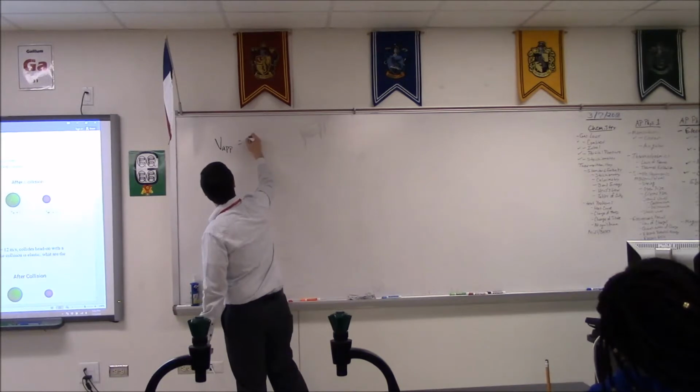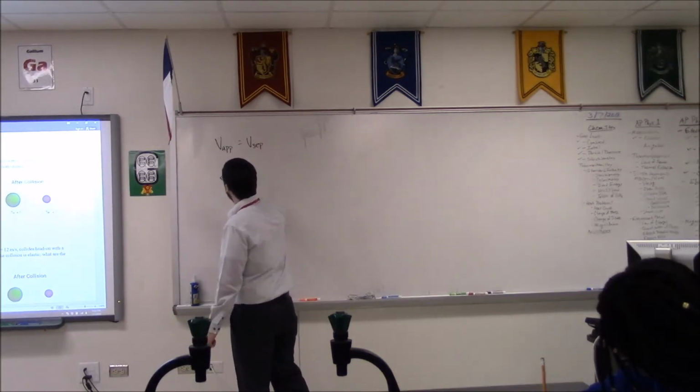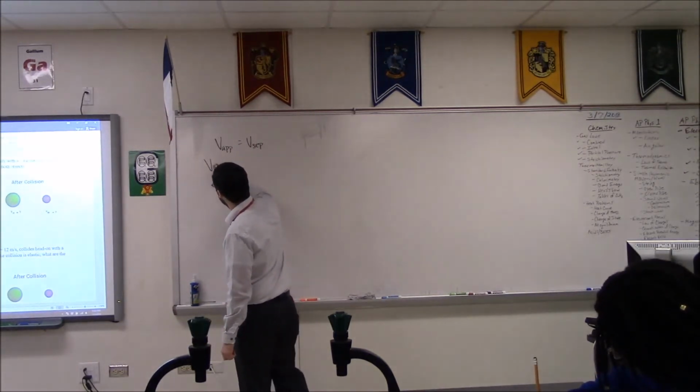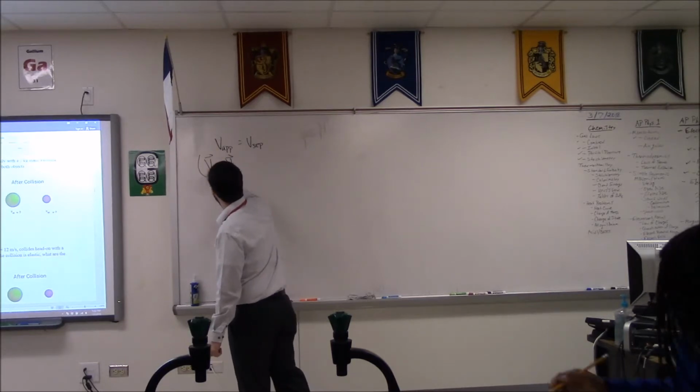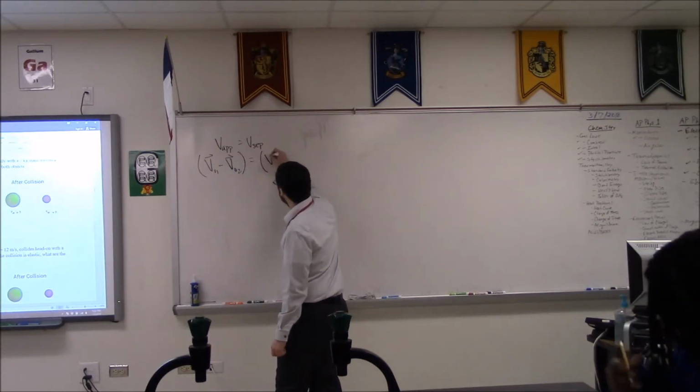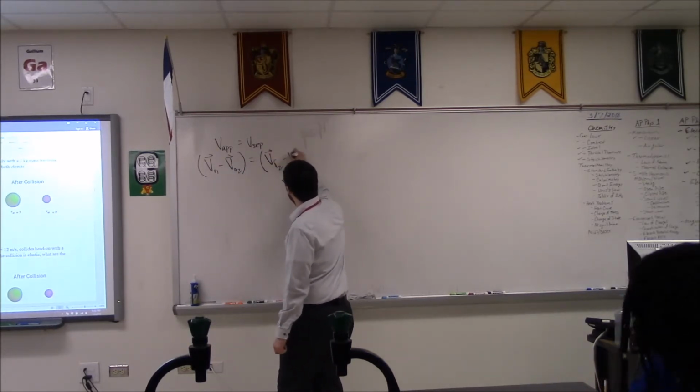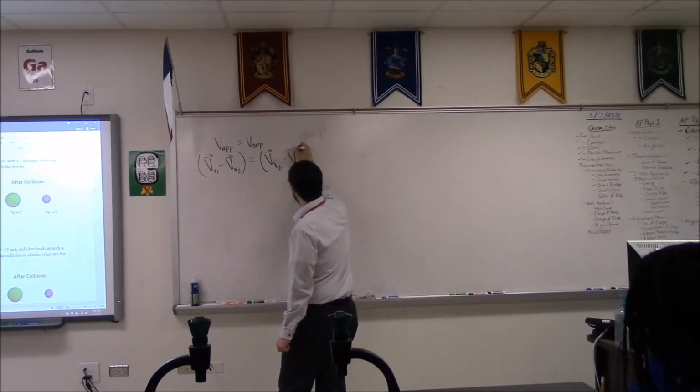V approaching equals V separating, right? In other words, V initial 1 minus V initial 2 equals V final 2 minus V final 1.